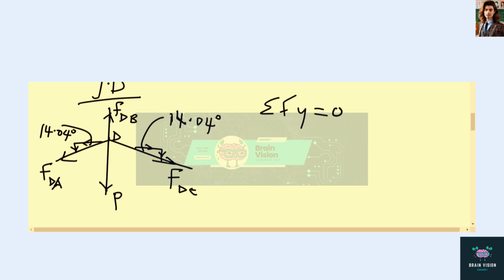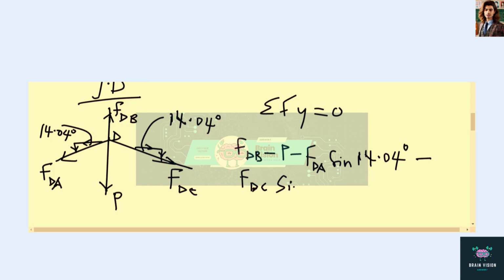We are going to have F subscript DB minus P minus F subscript DA sine 14.04 degrees minus F subscript BC sine 14.04 degrees is equal to 0.